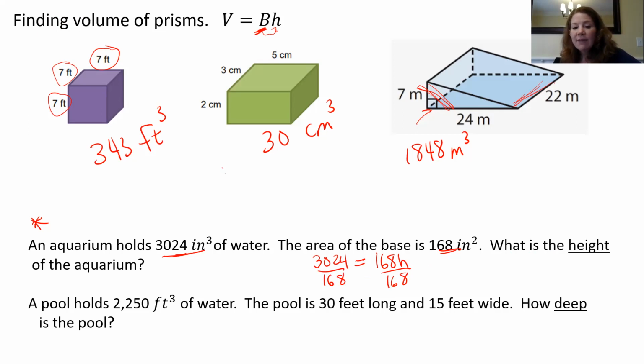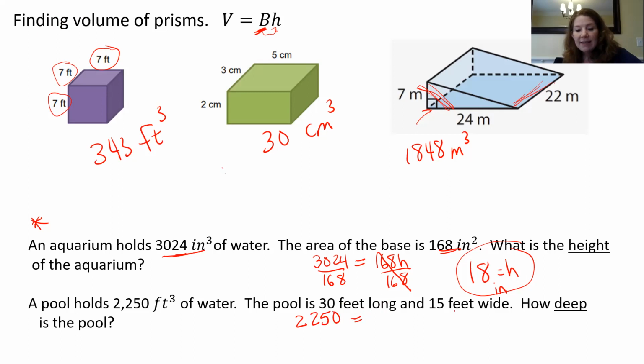So 168 divided by 168 is 1, and 1 times H is H, equals 3024 divided by 168, and the answer is the height is 18 inches. Height's 18 inches.